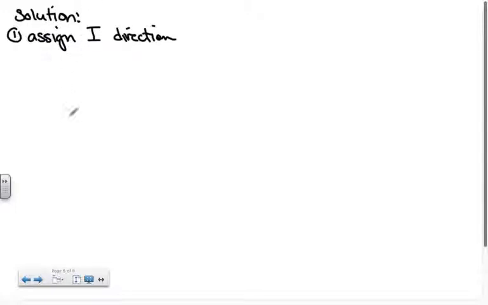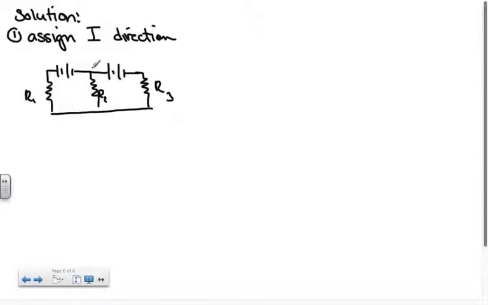So let's draw our circuit. There's R1, R2, R3. Now how do I dictate what to do?